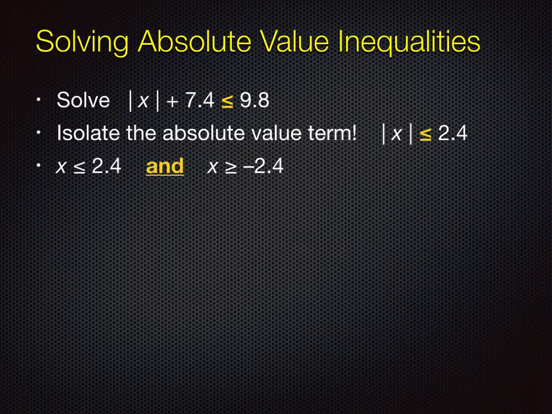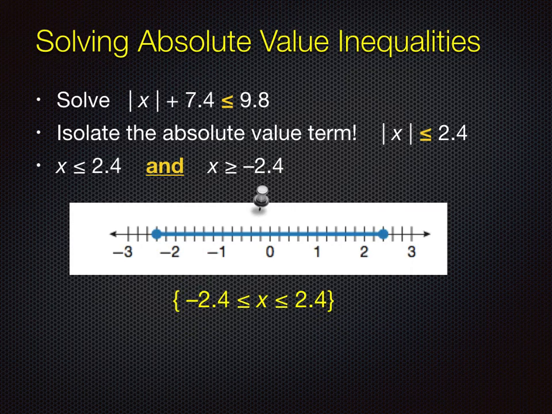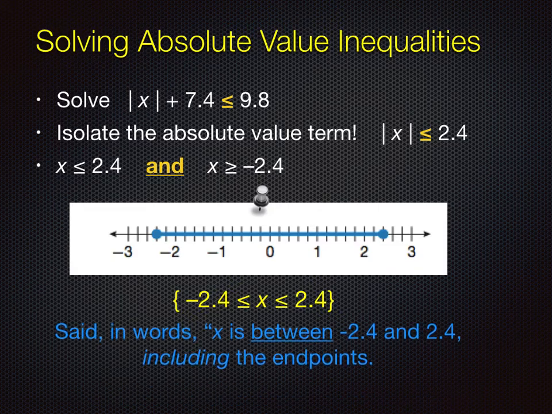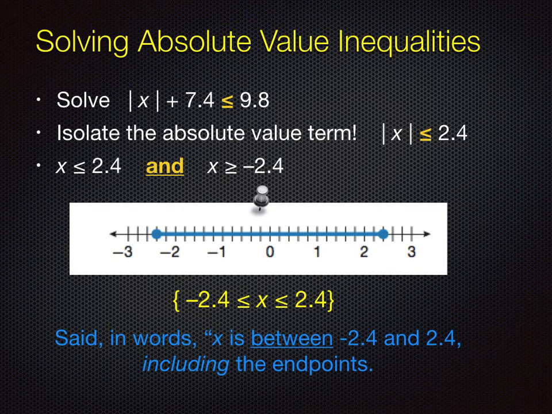And again, there'll be two pieces joined with the word and because we're talking about the intersection of those two sets. In words, we say x is between -2.4 and 2.4, including the endpoints. That's why the endpoints are colored in.